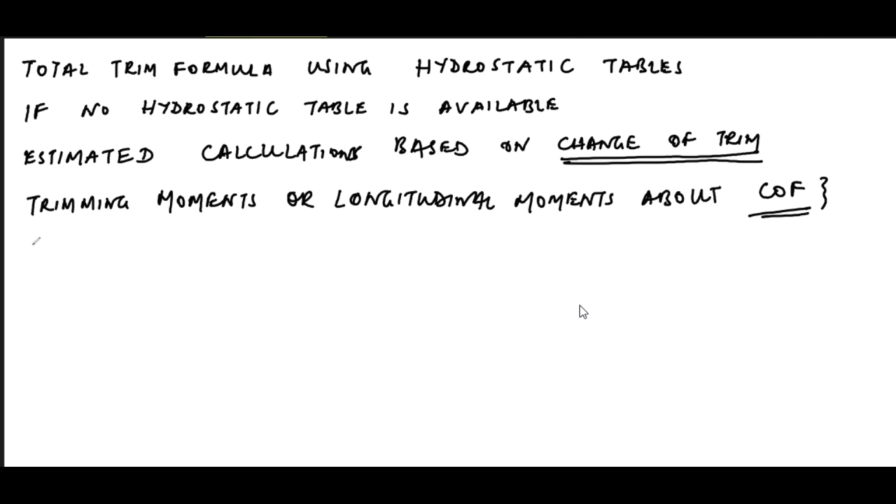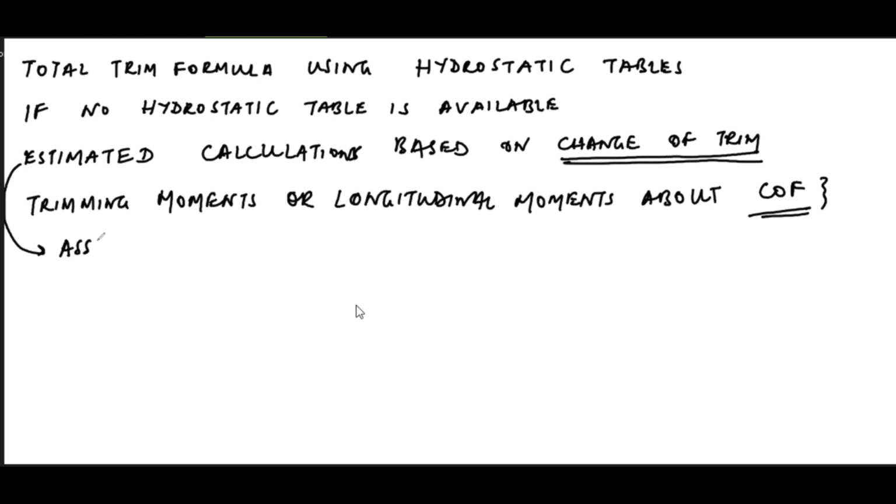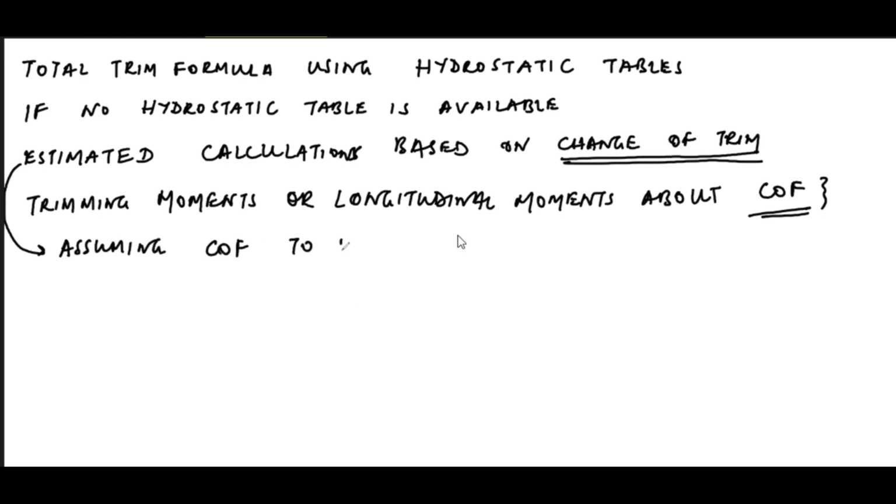Very good. So why is it estimated? The reason for that is that we are assuming the center of flotation to be constant through the range of drafts. You know, we are loading, discharging through the range of drafts.